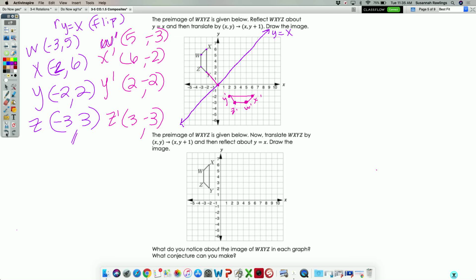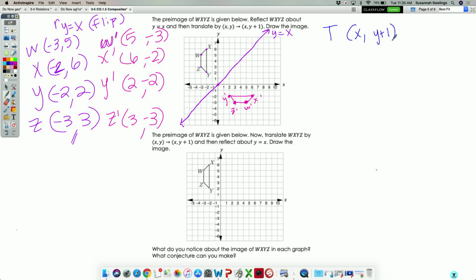Alright, so our next transformation tells me to do what? We're done with our first one. Now it tells me to translate. Are we going left or right? If it's just x, you're staying the same. And then where am I going?